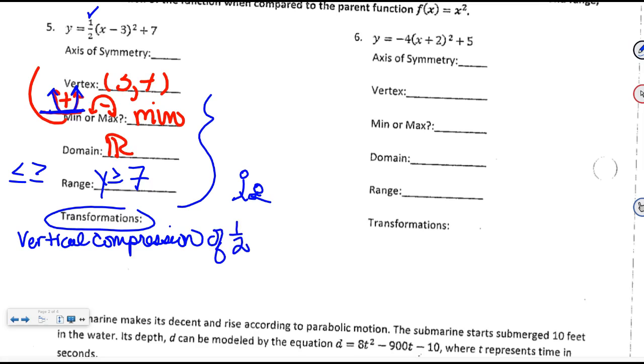I think you guys told me you have to write that. You're going to go 3 to the right, and then 7 up. Had there been a negative, then you'd write x-axis reflection. Like on this one, number 6: x-axis reflection, vertical stretch of 4, 2 to the left, the opposite of what I would think, and then 5 up, exactly what I think.